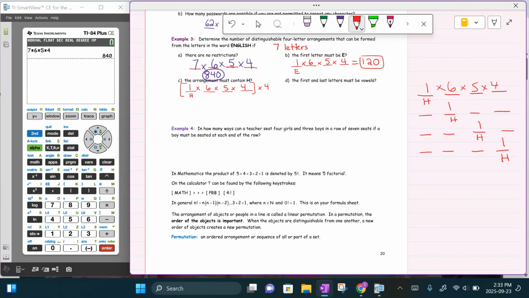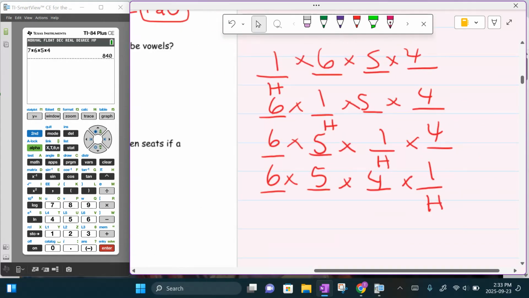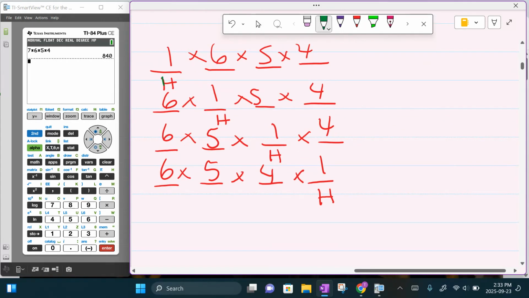I'll make it bigger in a second. 6, 5, 4, 6, 5, 4, 6, 5, 4. Do you guys now see what I'm talking about? That this is all the cases. Does it make sense that each case is going to be the same number? So does it make sense now that you can just do one case and times it by 4 now? Do you guys see it?